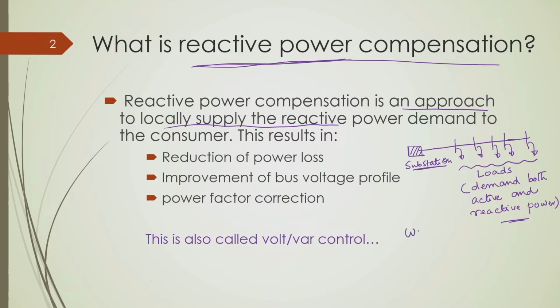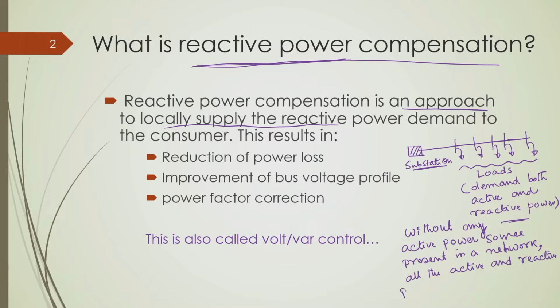So, without any active power source present in a network, all the active and reactive power demand comes from the substation or grid.